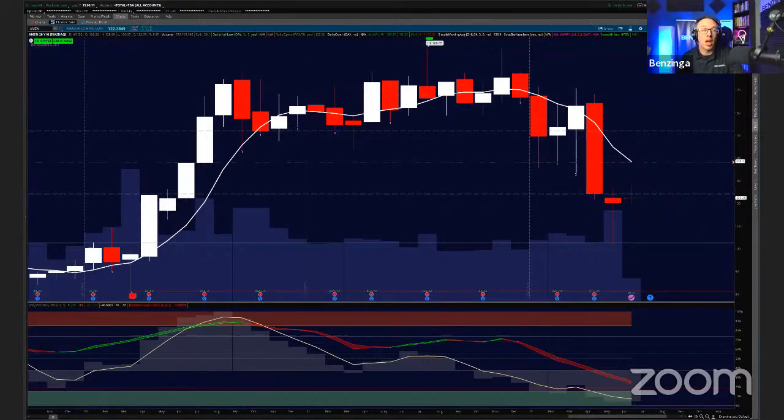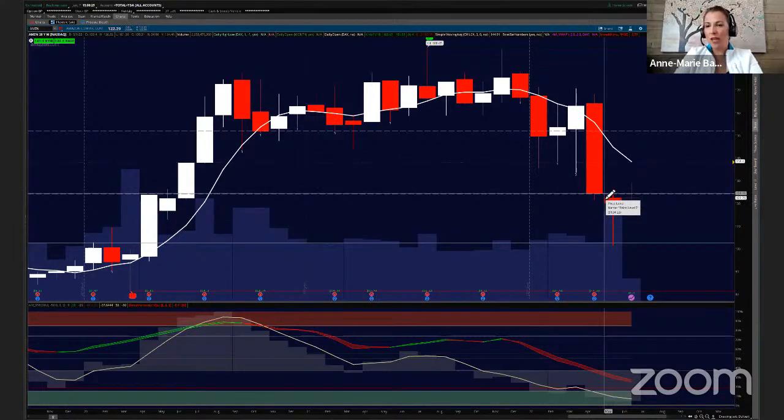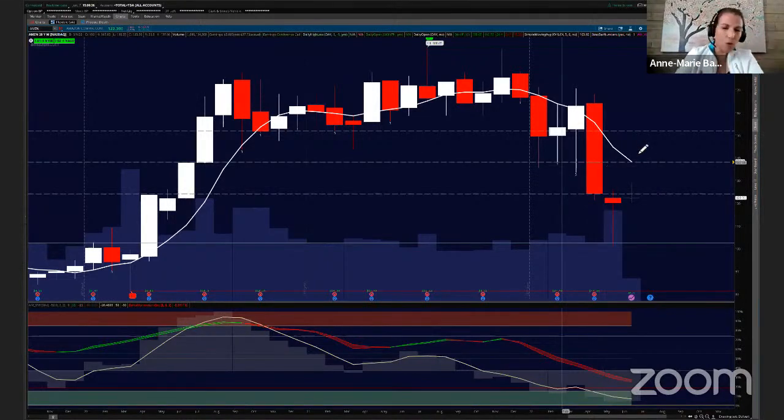One last thing before I let you take over. What I will start doing is I'll put these price points so that you'll see from the stock perspective, here's what she's looking at. She saw the break here, and so she's looking for it to hold under there. She saw the break here. She's looking for it to hold above there.